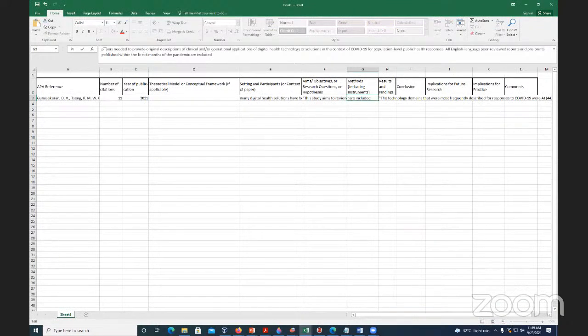But basically what they did was search for original papers about digital health in the context of COVID.